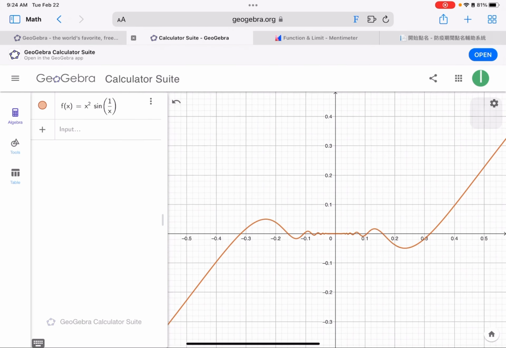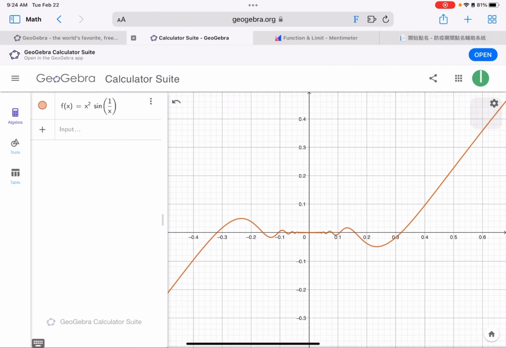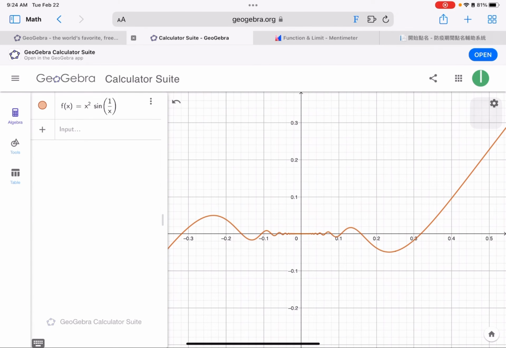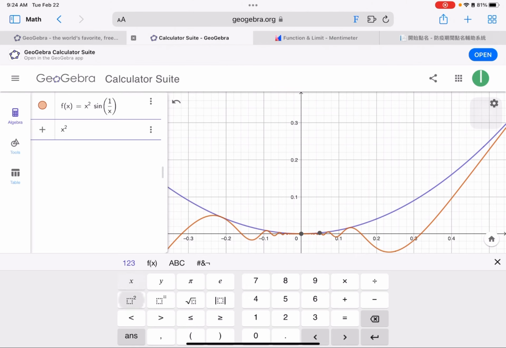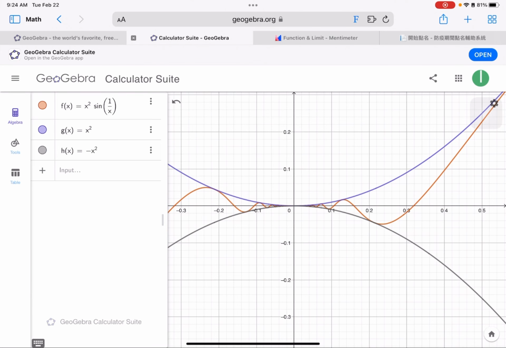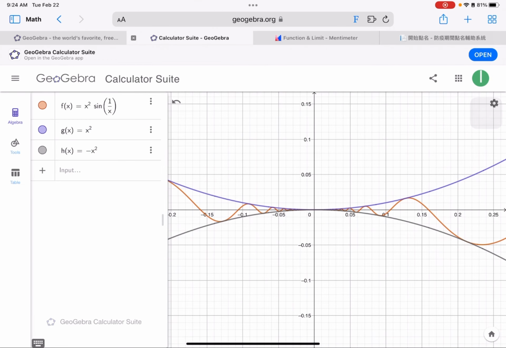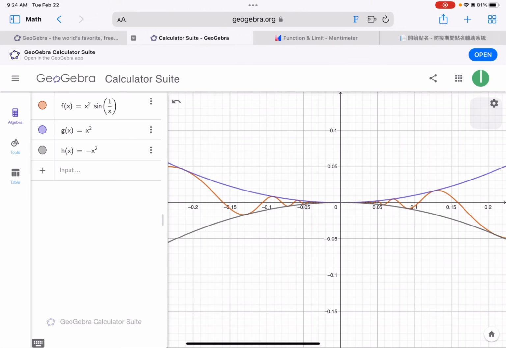It doesn't really show clearly, maybe around here. And let me put inside the other one, negative x squared. It's better now. We just look here.